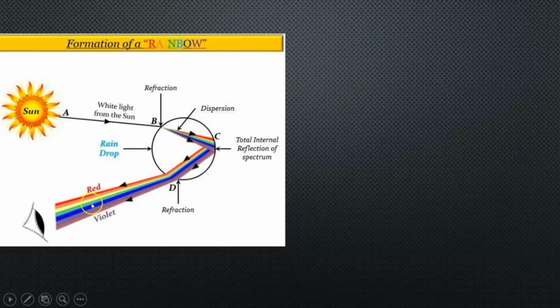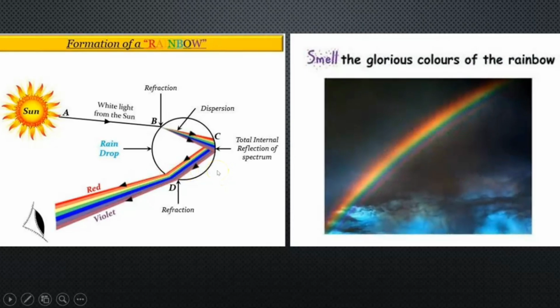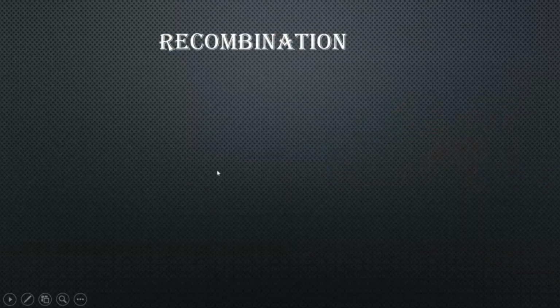Only then are we able to see a rainbow in the sky. Have you understood? Here the small raindrops act as small prisms, dispersing the white light into its different constituent colors. It's clear for you?